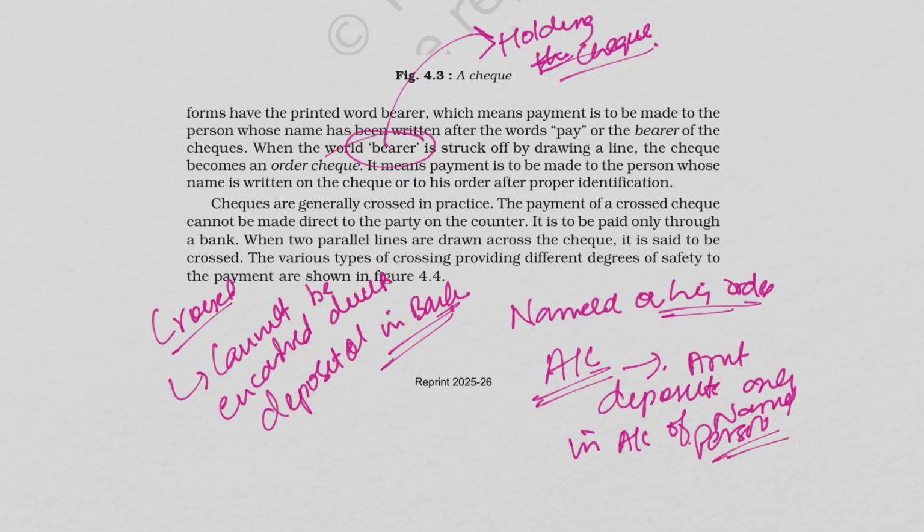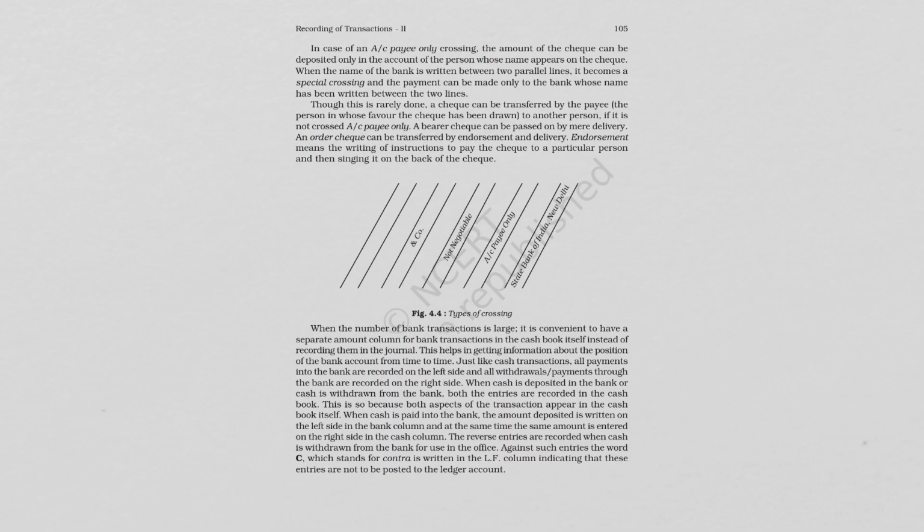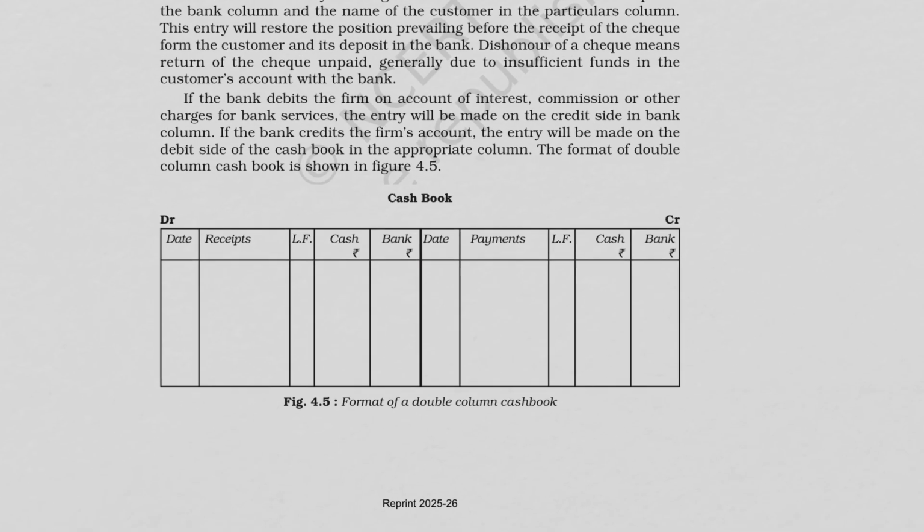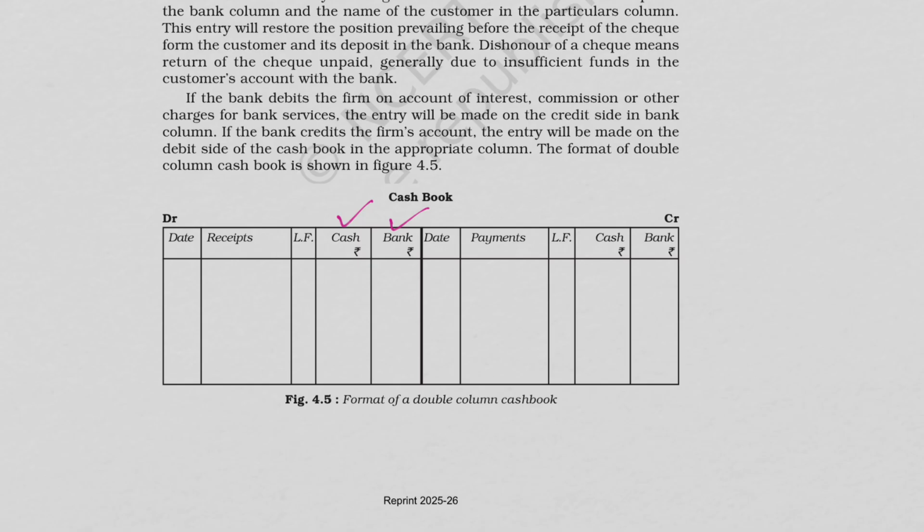Now in the double column cash book we maintain two columns on each side: the cash column and the bank column. The left side is cash received, and the right side is cash paid, or check issued.